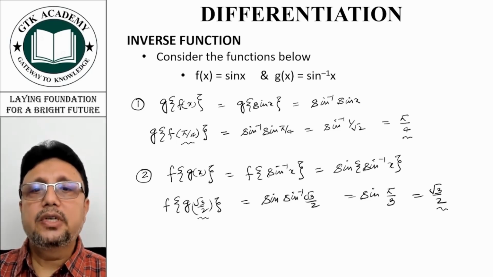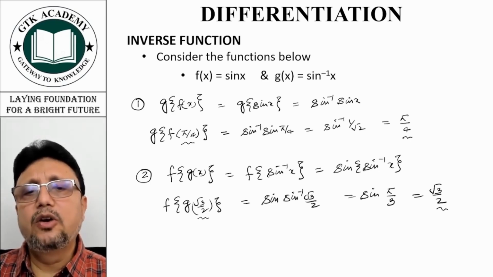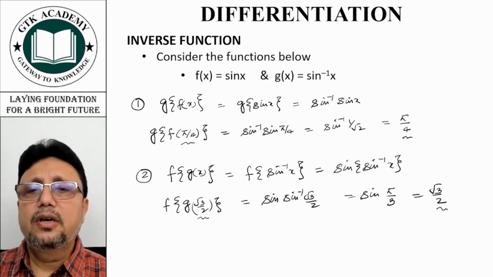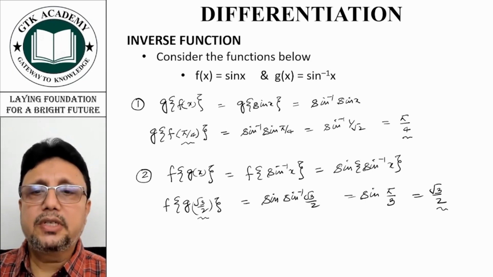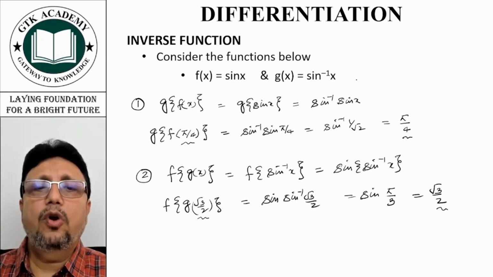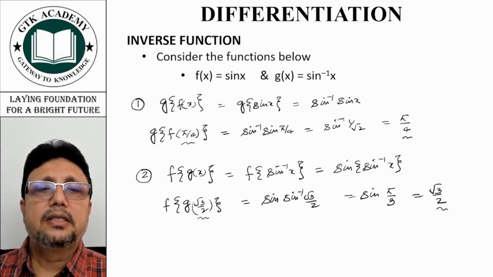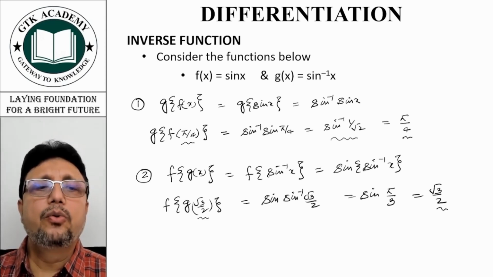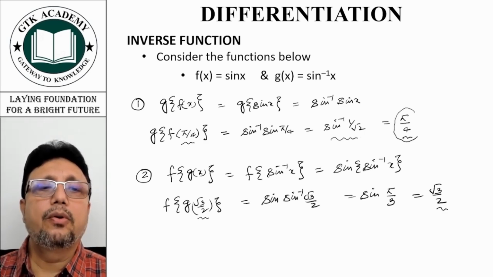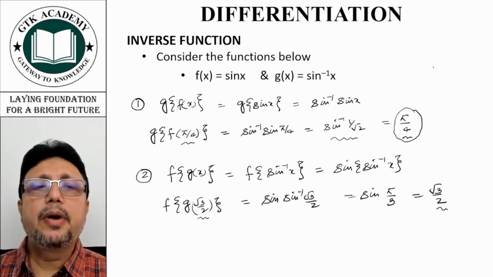Can you guess what is the thing which we missed here? Just pause this video and think over it. We have missed something. I hope some of you must have guessed. See what we have written here: sine inverse 1 upon root 2 is pi by 4. It's pi by 4.